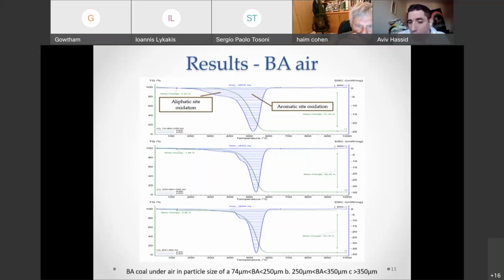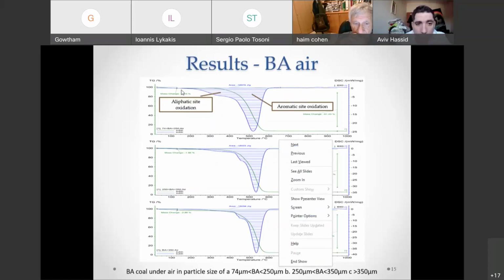In the middle, between 250 to 350 micron, and at the lowest, particle size above 350 microns. The green line you see represents the TGA, while the blue line represents the DSC.